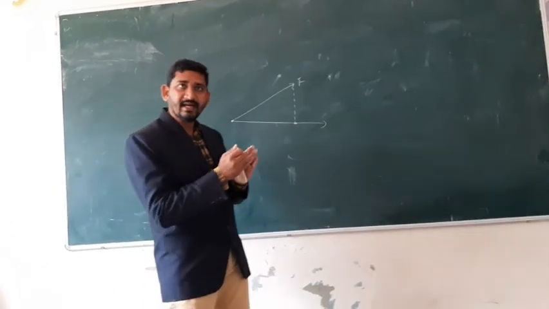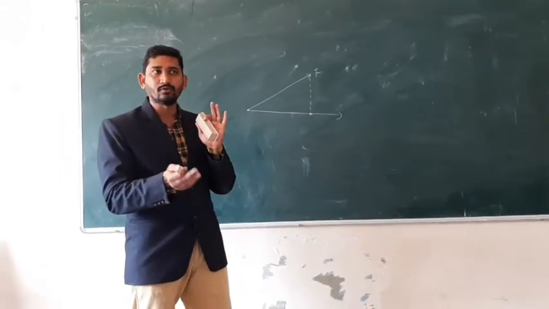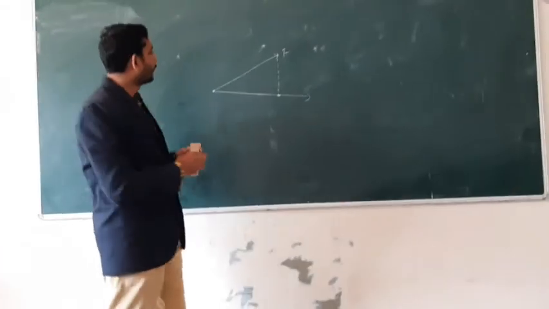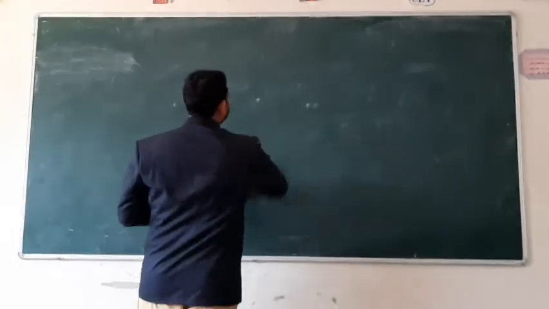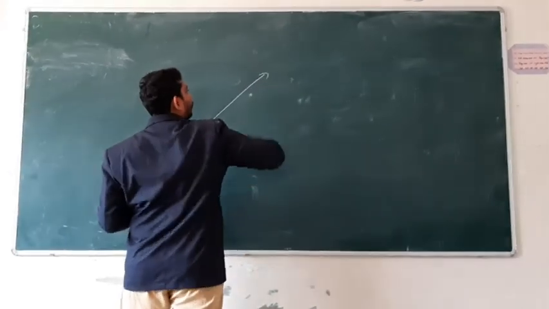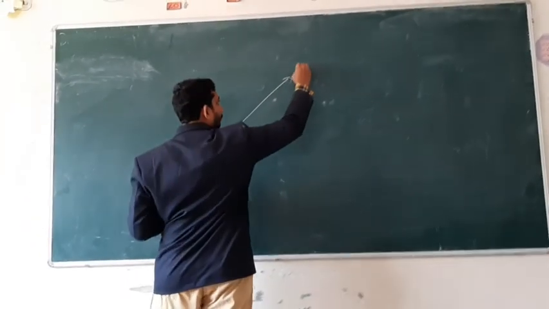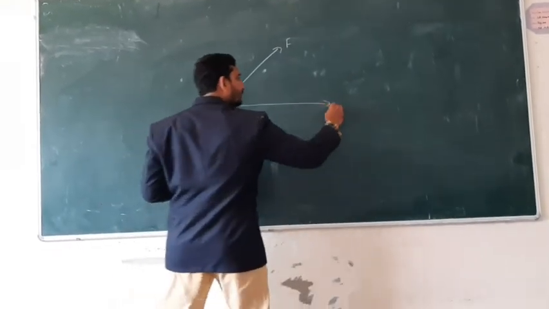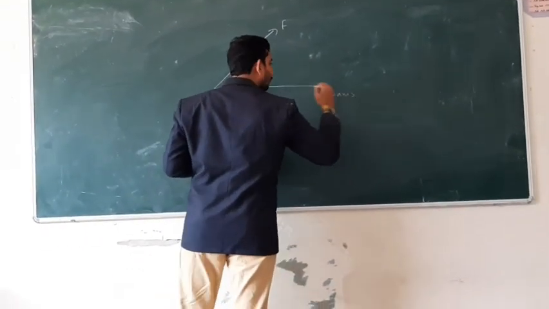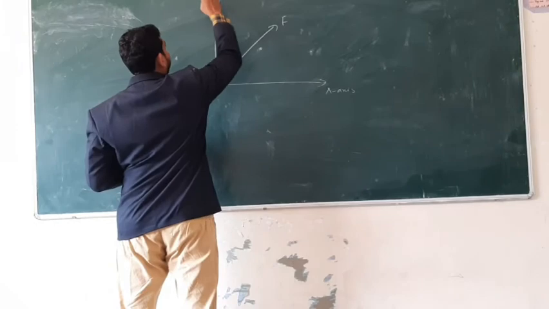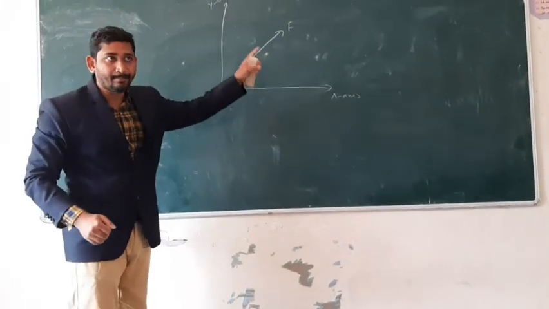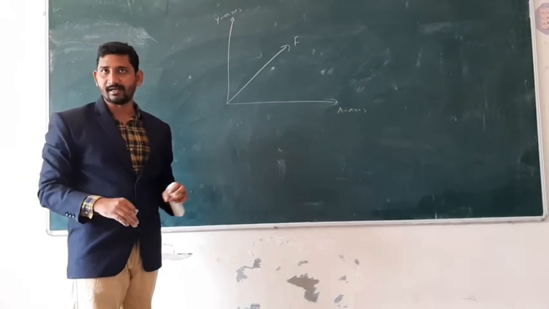So let us divide the force into two components. You know scalars, vectors, do you know scalars, vectors? Yes, sir. Okay. Applied force, x-axis, y-axis. How much force I applied on the x-axis, that I am finding. Why?